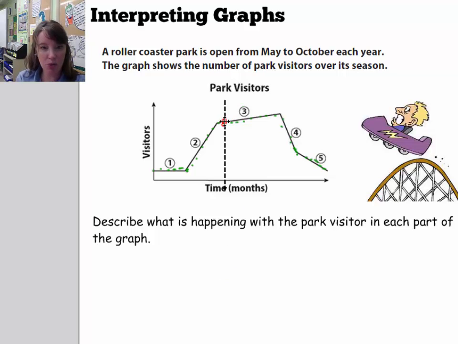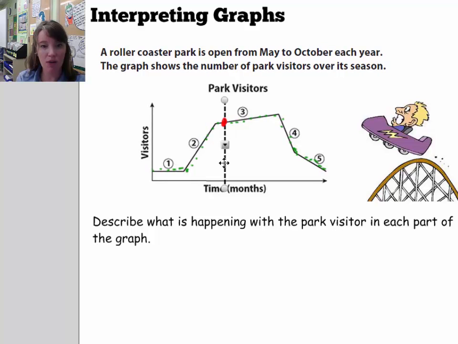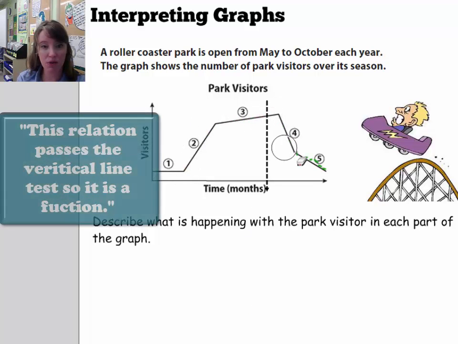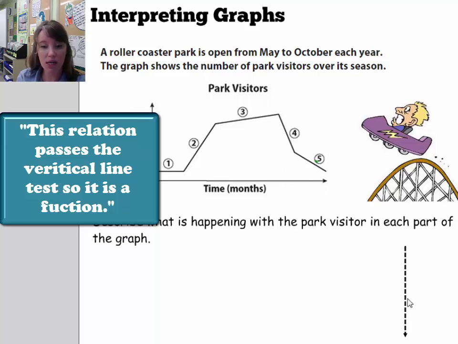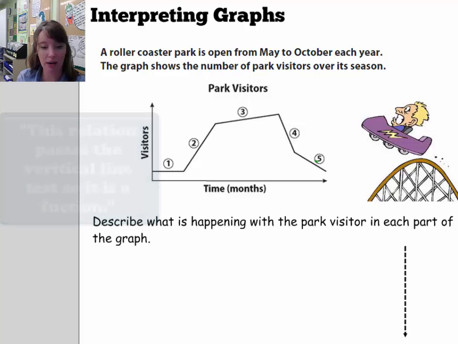There's not two points that intersect the same vertical line at the same time. Every time I move the line a little bit and stop it, there's never going to be a situation where two dots from the relation line up vertically. So this relation passes the vertical line test, so it is a function. This is the type of function that we're going to be talking about today.